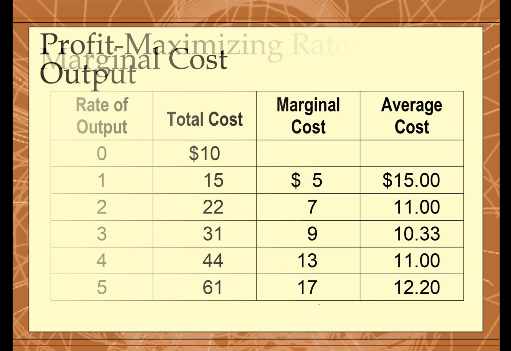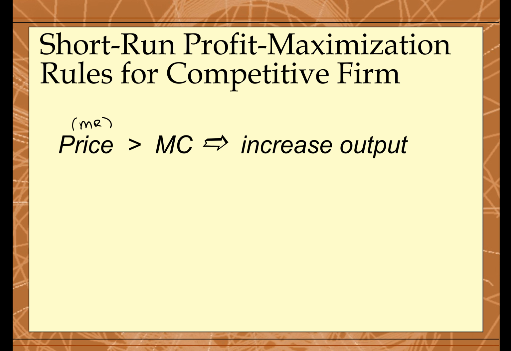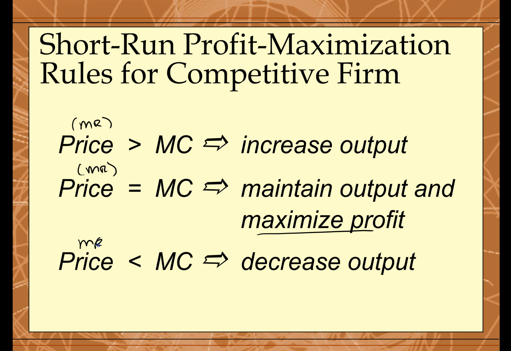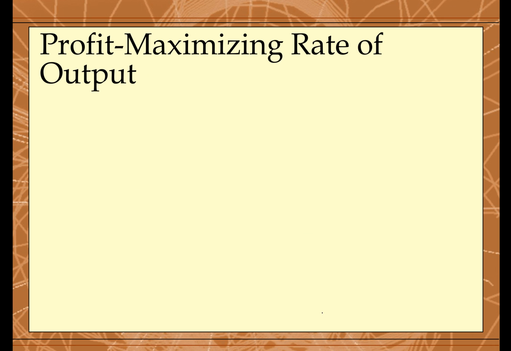When MR is greater than MC, increase the rate of output. When MR is equal to MC, maintain the rate of output, and that's when profits are maximized. And finally, when MR is less than MC, decrease the rate of output.